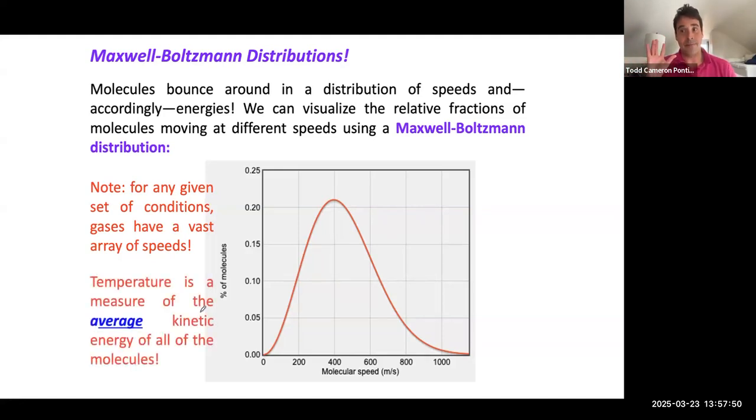Now, temperature is a measure of the average kinetic energy of all of the molecules. So for a given temperature, there's always going to be the same average kinetic energy in the plot, but something that's moving at like 5 meters per second is going to have a lot less kinetic energy than something moving at 1,000 meters per second.